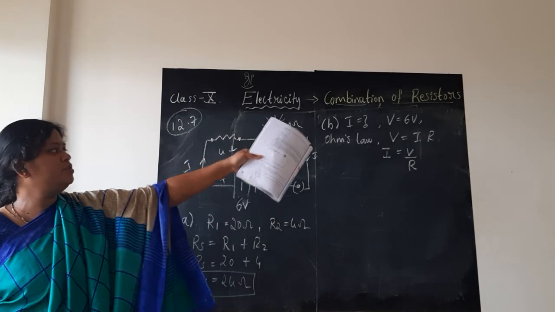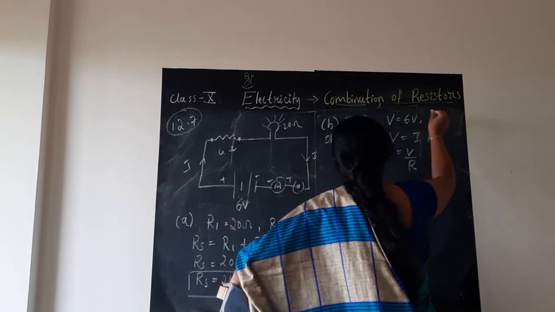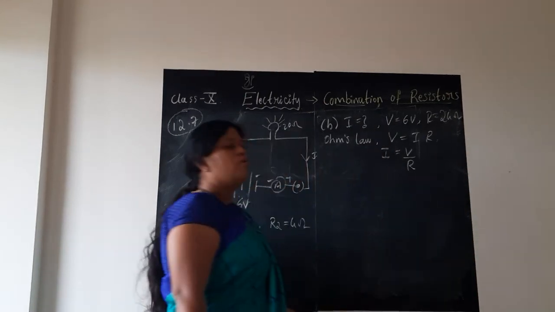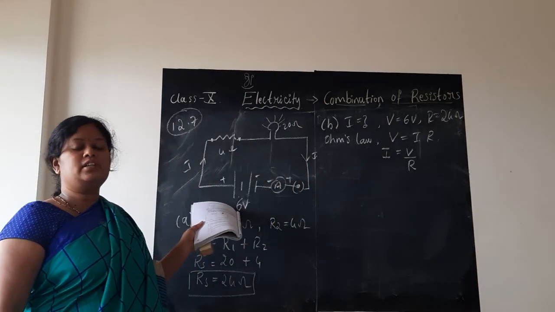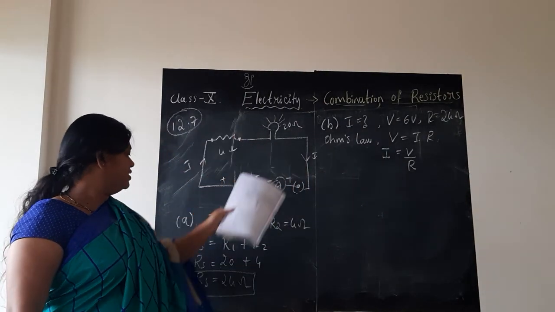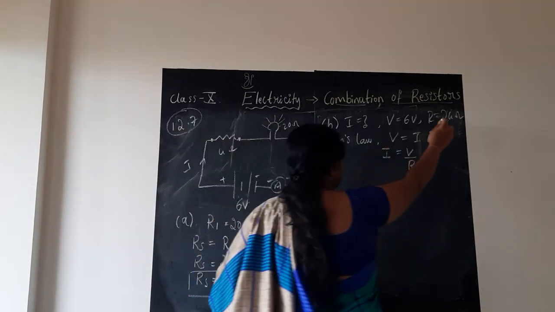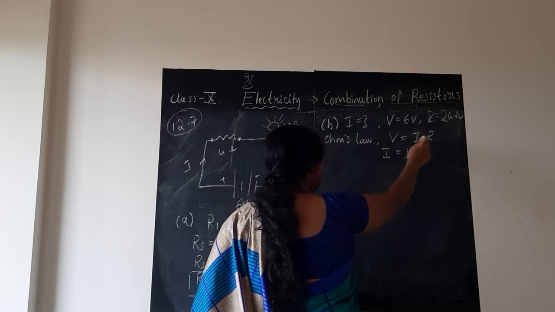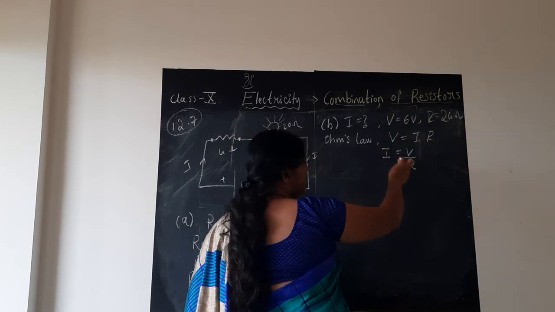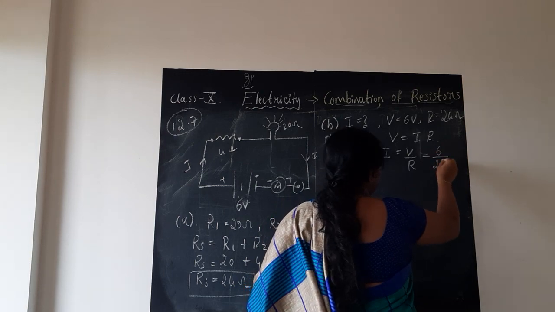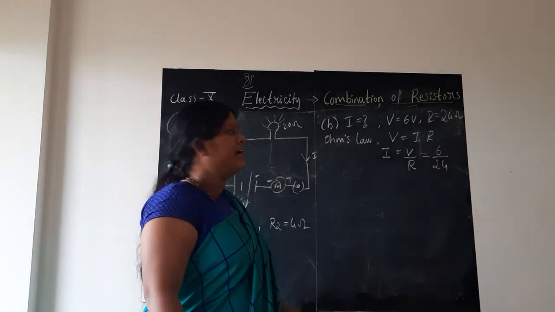So whenever you substitute the value of R, it should be the total resistance you got, which is 24 ohms. The voltage is given in the problem as 6 volts, and the total resistance we just found is 24 ohms. So V is 6 volt, R is 24 ohms. From Ohm's law, V is IR means I is V divided by R. So substitute V is 6, R is 24 and simplify.